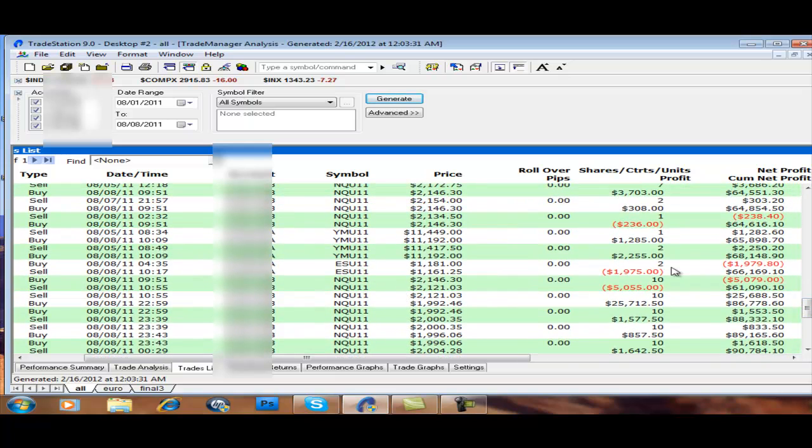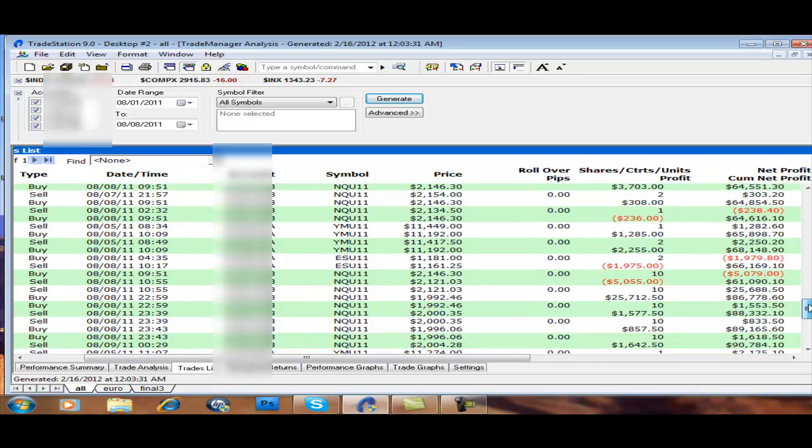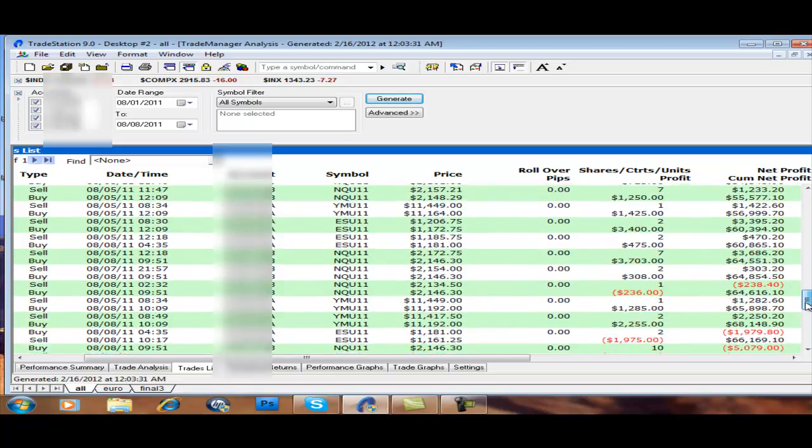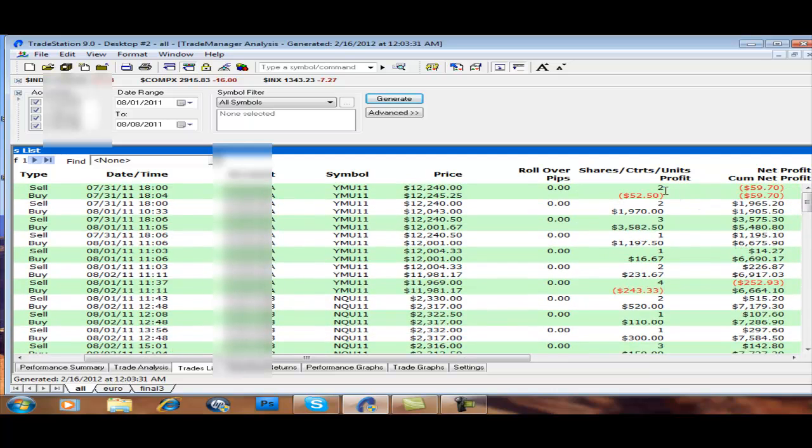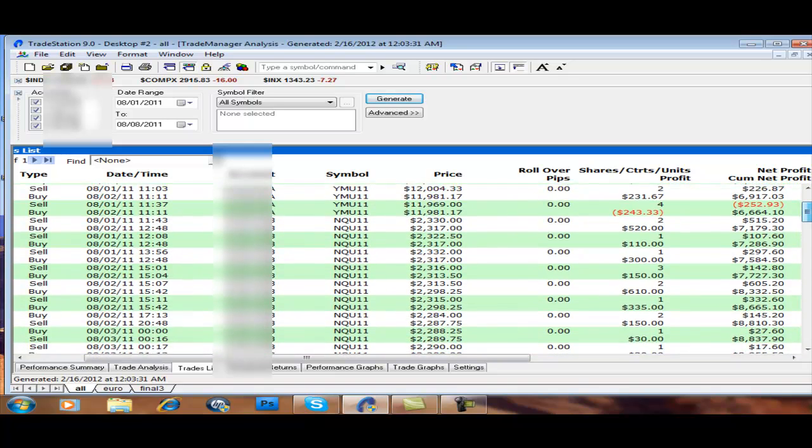Okay, this is the interesting little area. I don't trade anywhere close to 10 contracts very often. These were NQ contracts. Let's go through here real slow. If you want to watch this column in here, you can see I'm trading 2 contracts, 3, 2, 1 singles. Go down there slow.